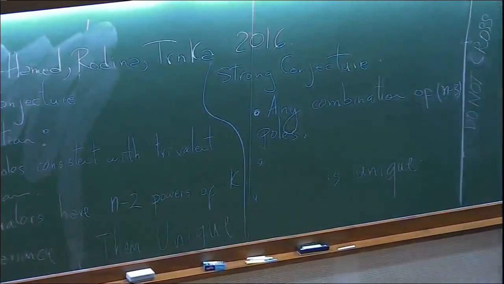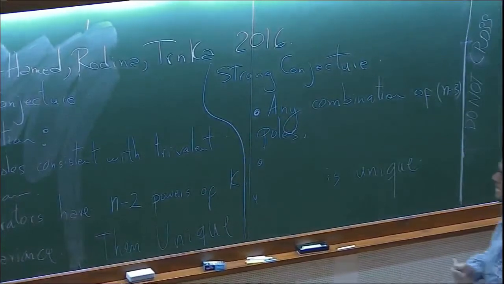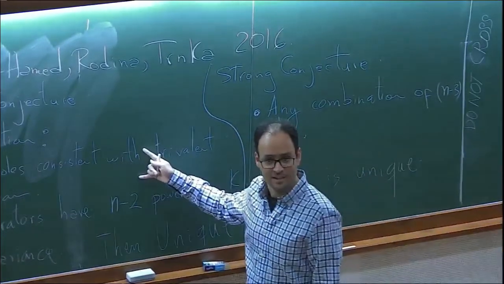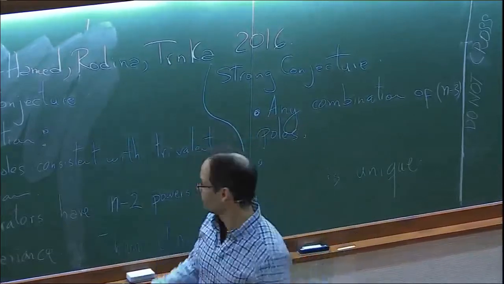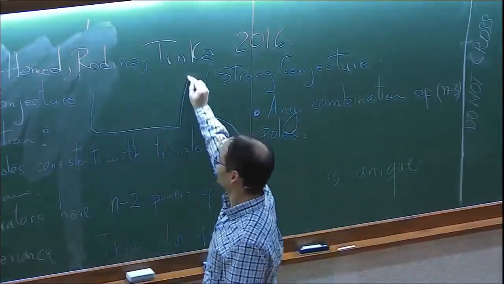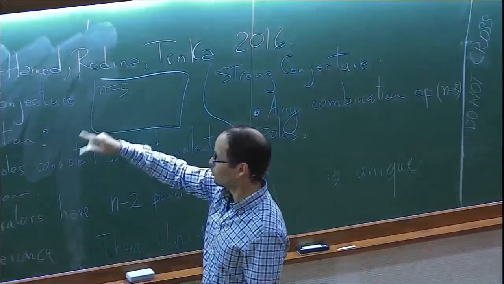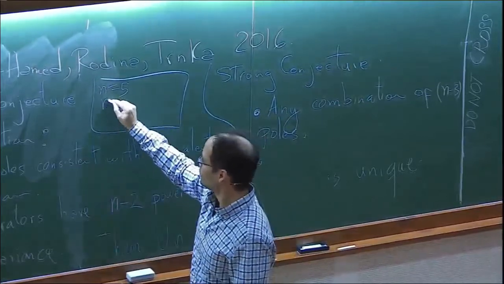Why is this stronger than the other one? Well, for this condition, I'm assuming that you can have, say, for 5 particles. So let's give an example for 5 particles of the weak conjecture. You will write numerators.